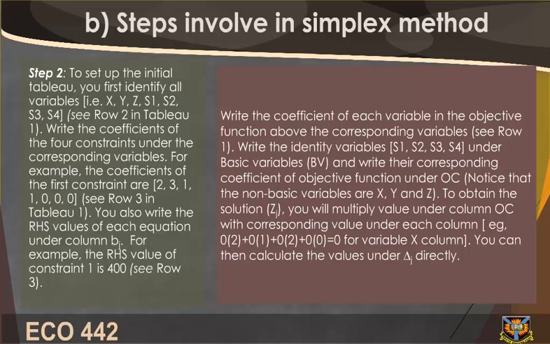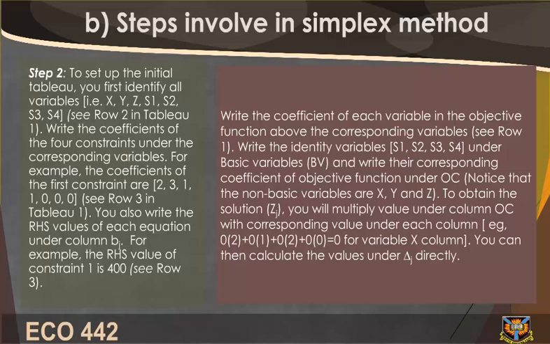Step 2. To set up the initial table, you first identify all variables, that is x, y, z, s1, s2, s3, s4. See row 2 in table 1. Write the coefficients of the four constraints under the corresponding variables.